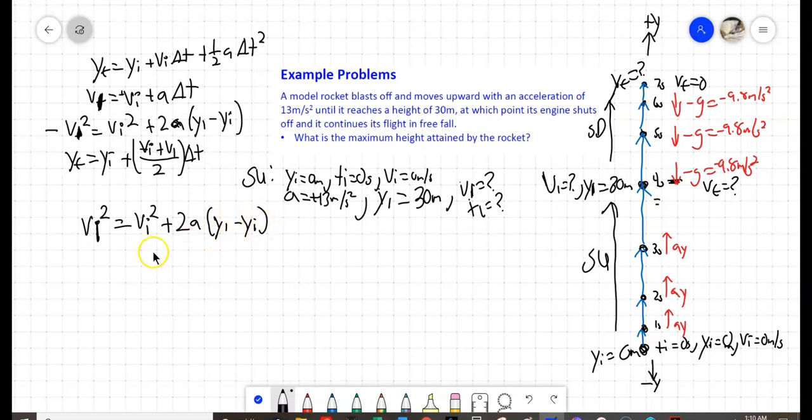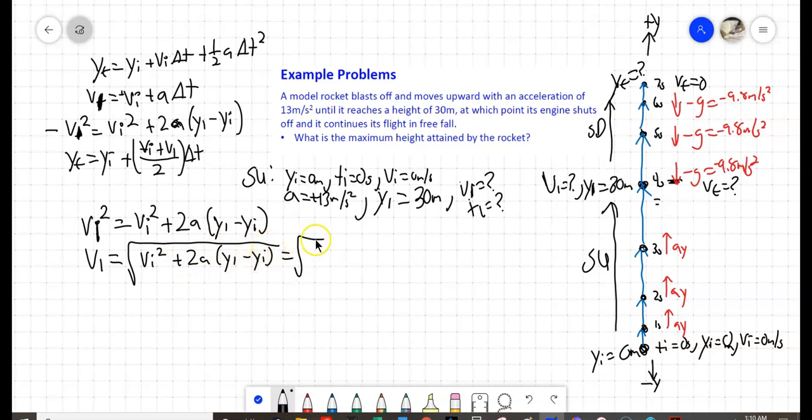Alright, I'm going to square root both sides, so v1 is equal to the square root of vi squared plus 2a(y1 minus yi).